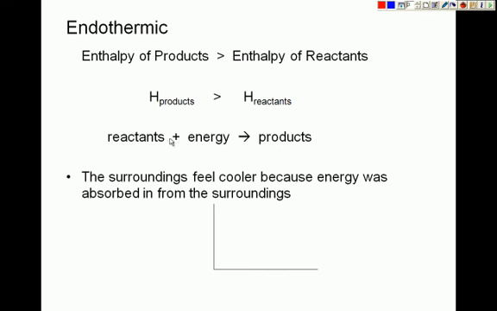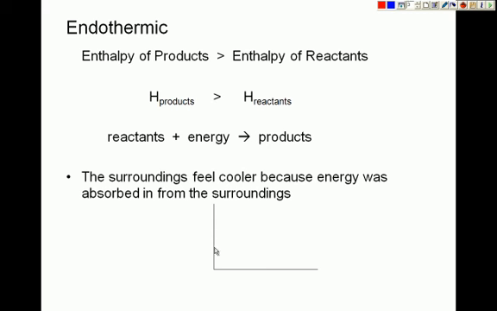As a result of that, the surroundings are going to feel cooler because energy was absorbed from the surroundings. So the reactants are combining with energy. The energy is coming from the surroundings, and it's going to make products. Since the reactants are absorbing all the energy from around them, the surroundings are going to feel much cooler, and the reactants have enough energy to form products.